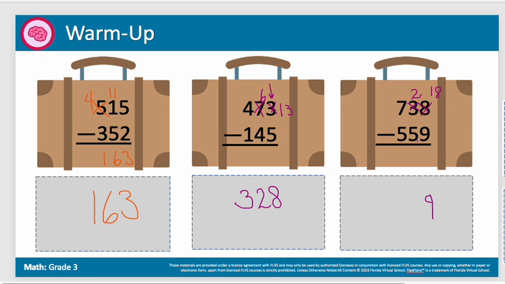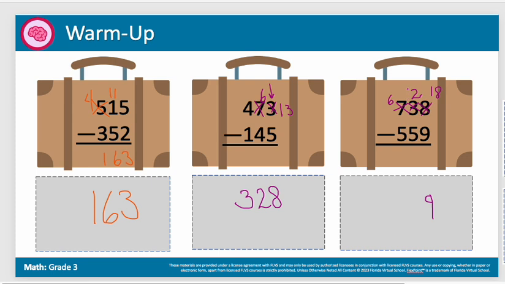2 groups of 10 can't take away 5 groups of 10, so I have to borrow a group of 100. So this becomes, instead of 7 groups of 100, 6 groups of 100. That group of 100 gets changed into 10 groups of 10.